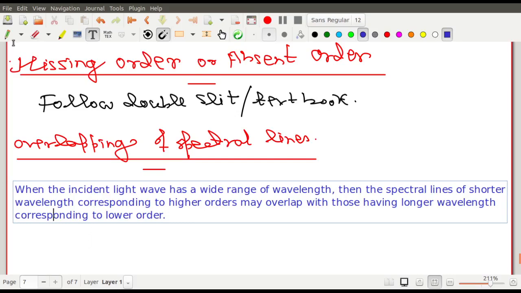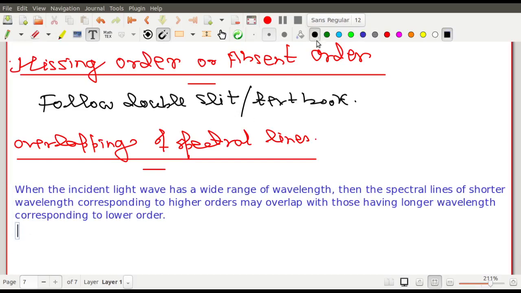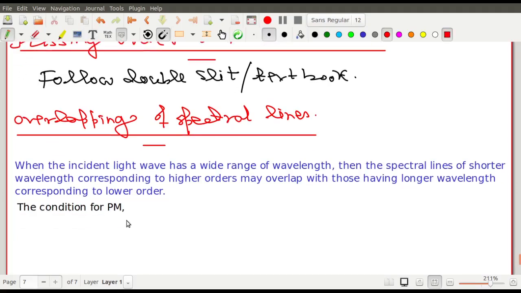Now take the condition for principal maxima. What is the condition for principal maxima? You recall the condition for principal maxima, that is what you are going to focus on in your laboratory. The condition is the same as that of the double slit: (a plus b) sin theta equals n lambda.